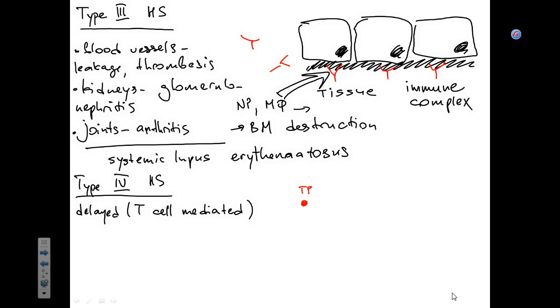That's Mycobacterium tuberculosis, we'll call it MTB. Your immune system, your dendritic cells, will acquire Mycobacterium and present it to the T cells.